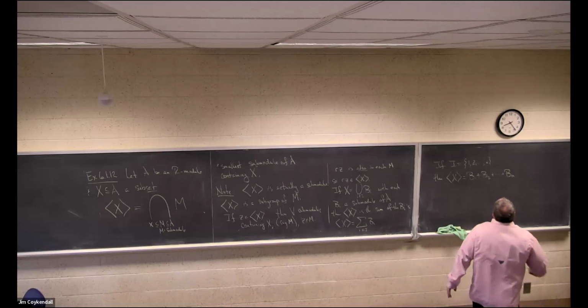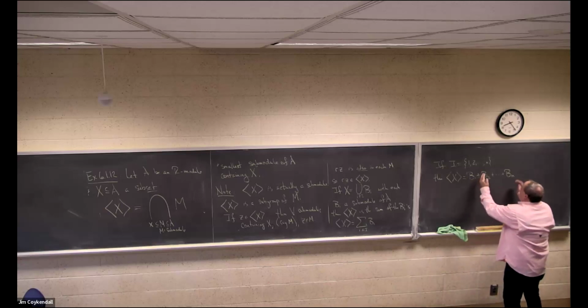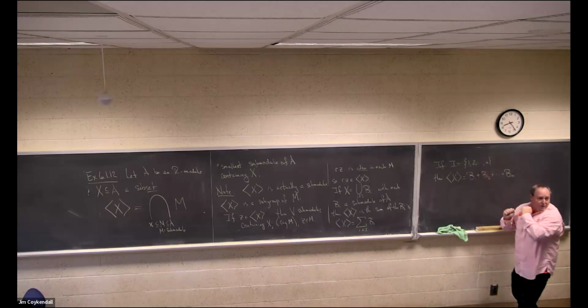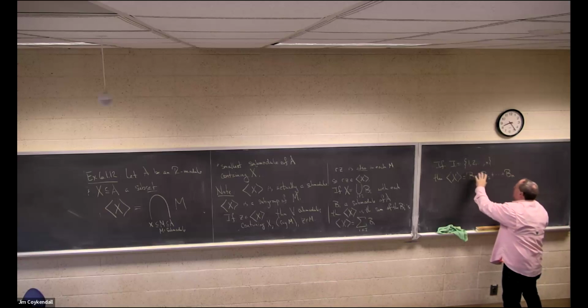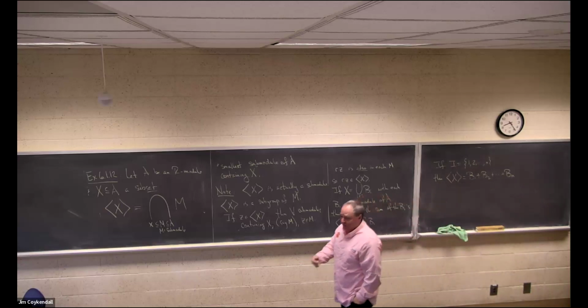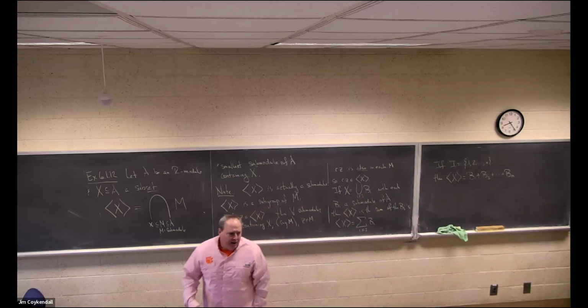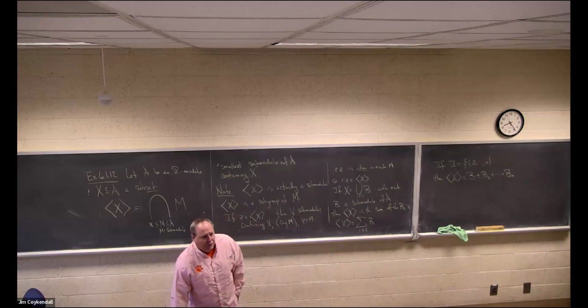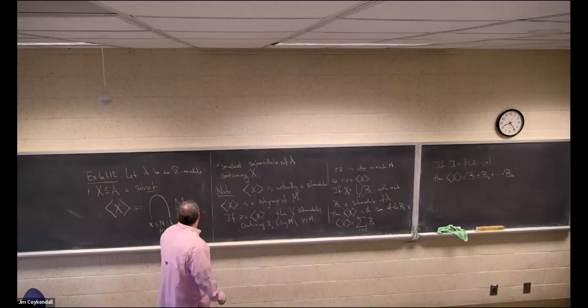Right, more than that, each B_i intersected with the sum of what's left over is trivial. B1 intersect the sum of what's left over, B2 intersect the sum of what's left over, these are all trivial. That's what it would be for the sum to be direct. The direct sum of modules is just like the direct sum of abelian groups. It's just now you've got that extra scalar multiplication. It's essentially no different.